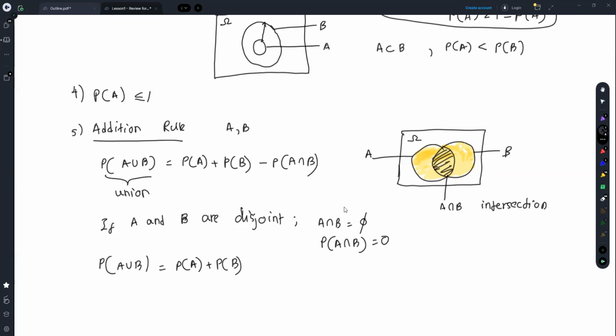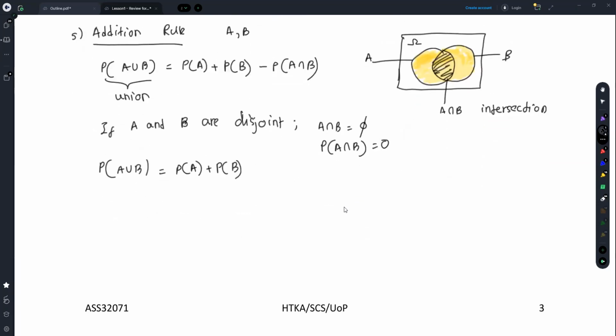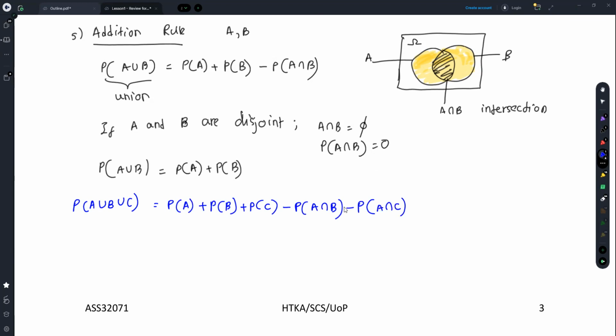If you have C, D, and so on, you can very easily develop the addition rule. Say, for example, if you have three events, how do you write the addition rule? You find the individual probabilities, then you subtract their intersections, each and every pair, all possible pairs. So you have AB, AC, and BC.